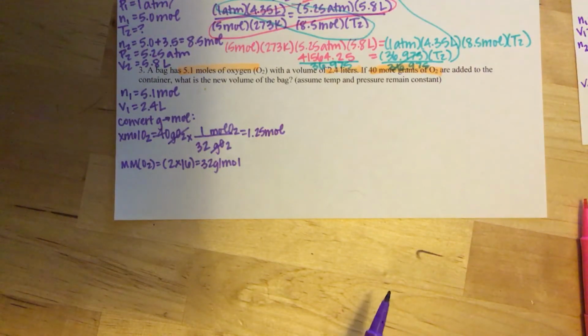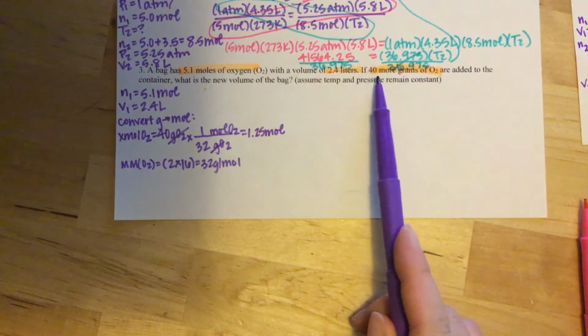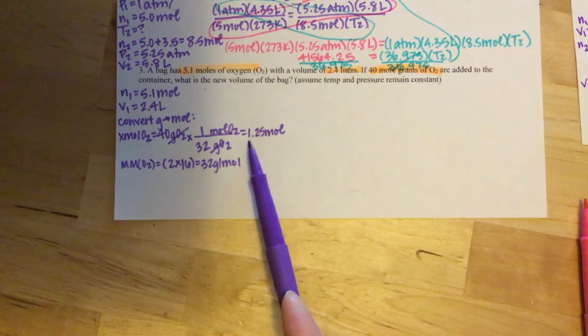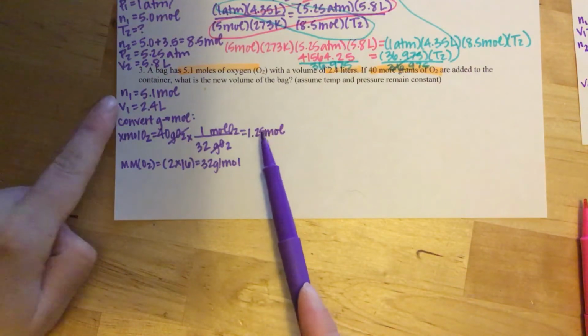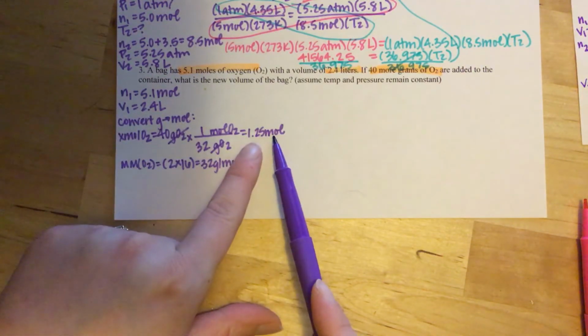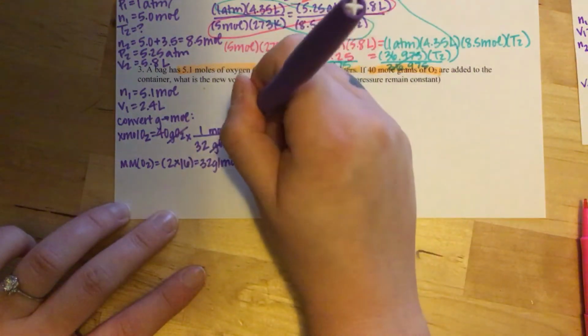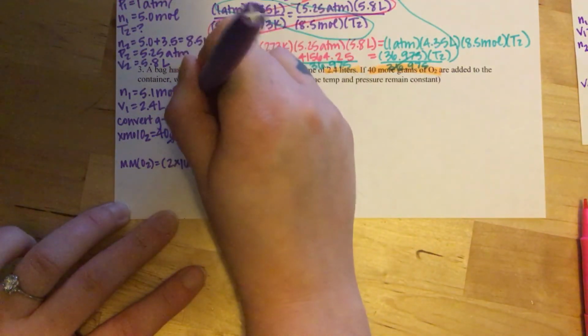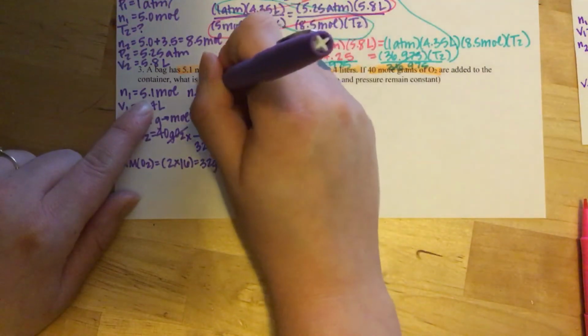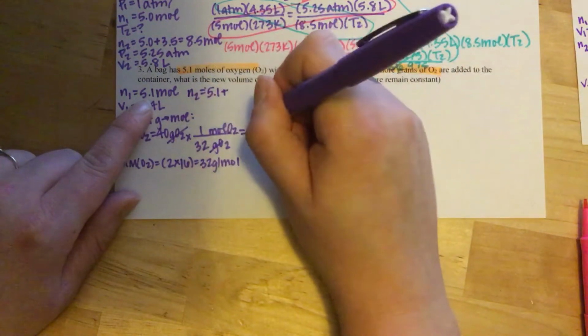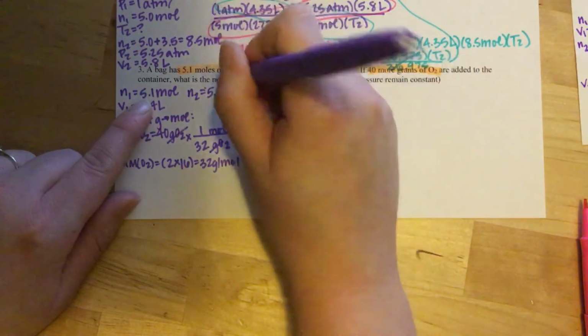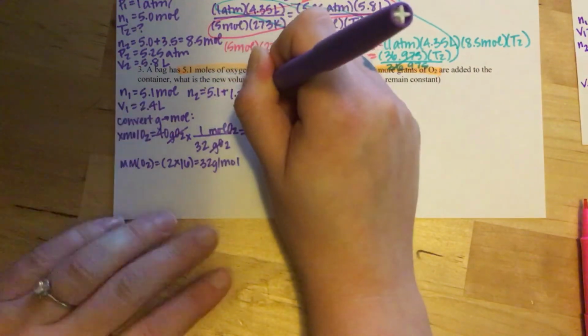If you get this far, you'll be like, oh yeah, Miss K, that's my N2. I did it. Okay, go back and read the problem, because the problem's a real jerk. It's saying you're adding 40 more grams. So this isn't your N2. You have to add together your N1 plus 1.25 more moles. So up here, my N2 is going to be my original moles, 5.1 moles, plus 1.25 more moles.